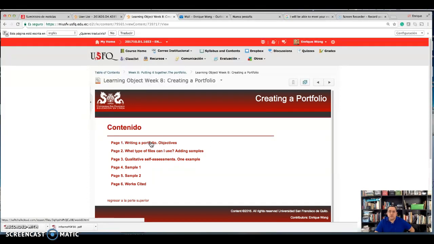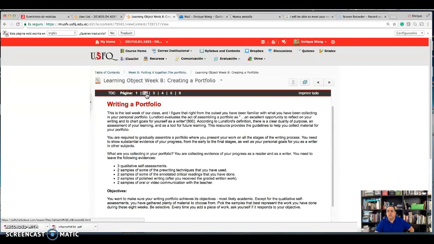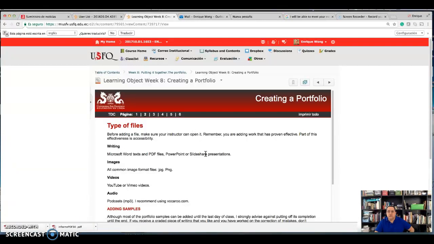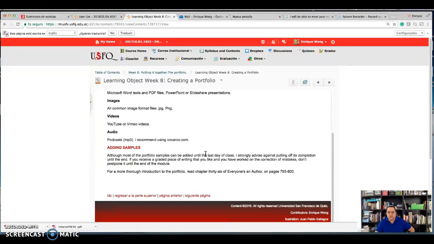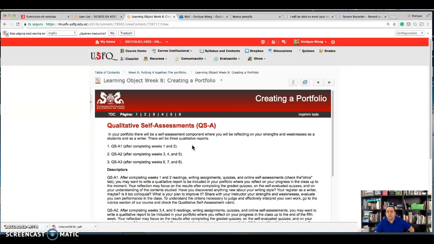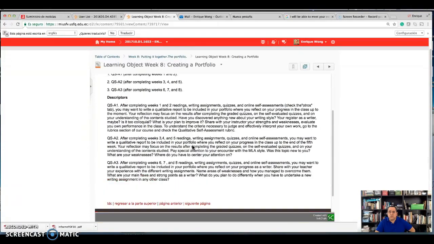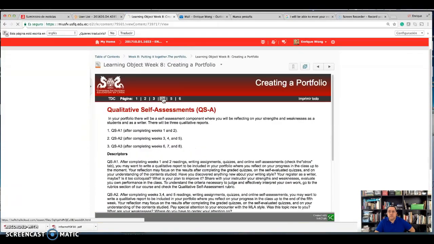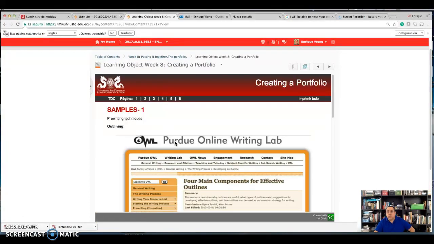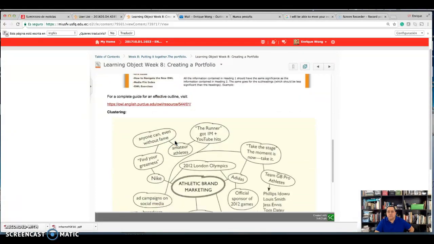On page 1, you have the objectives. Then on page 2, you have the different types of files that you should be collecting in the portfolio. On page 3, you have the information about the qualitative self-assessment that you need to be completing during the course. And then on page 4 through page 6, you have examples of different samples.